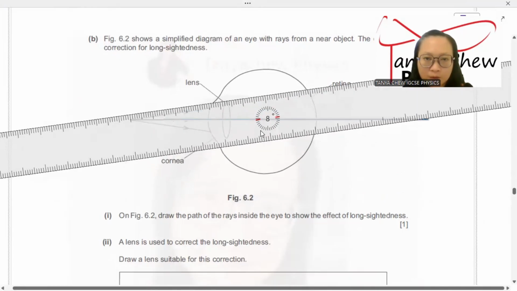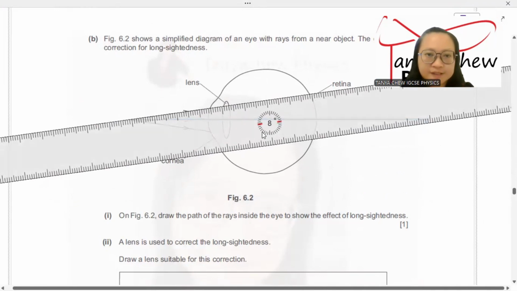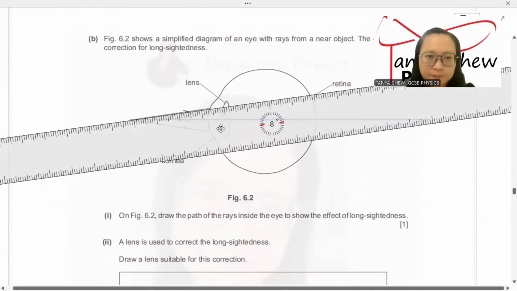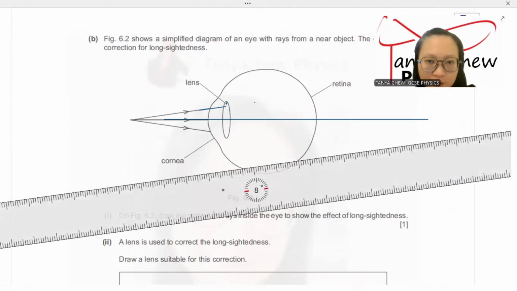Okay, this is the lens of the eye. Let me draw it nicely. Center of the lens. If you want it to be more accurate, you determine the center of the lens yourself so that it is easier.